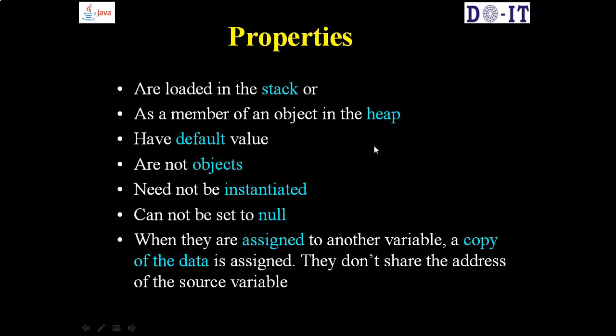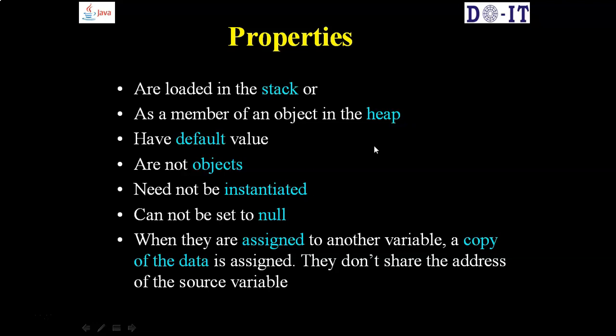I create object A and I take the reference of object A and assign it to another reference. The first reference and the second reference both point to the same object. So any changes done to the value in an object will be the same for both the references. This is in case of objects.